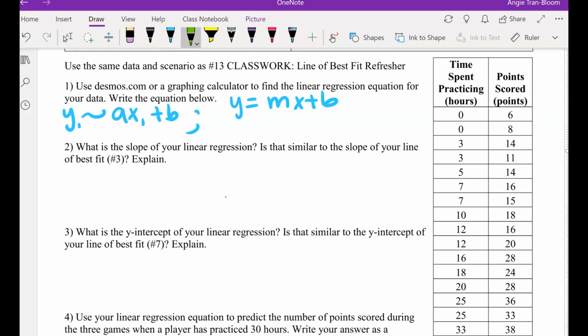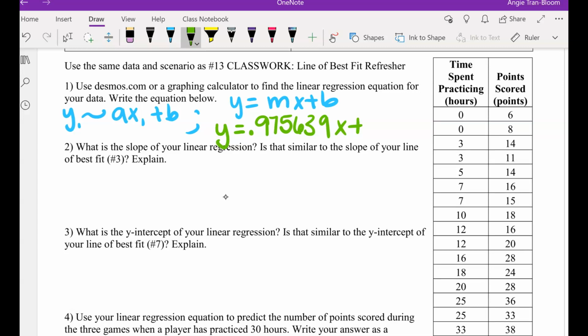So our answer for this one is y equals, what did Desmos give us for our slope? Give me all the decimals that Desmos gave us. Positive and negative? Positive what? 0.639 times x plus. And what did Desmos give us for our y-intercept?